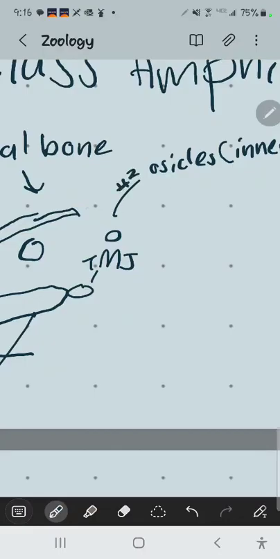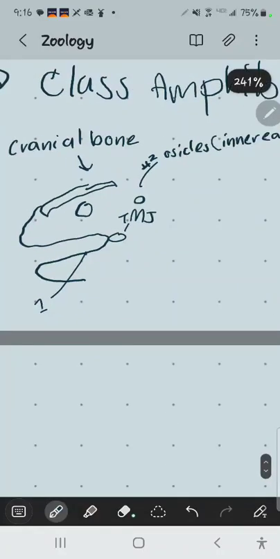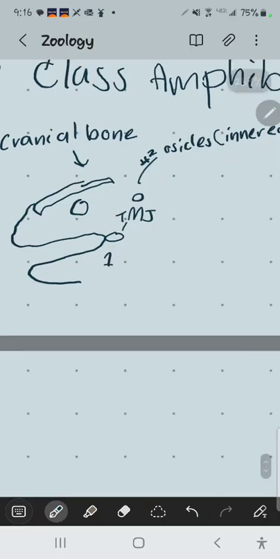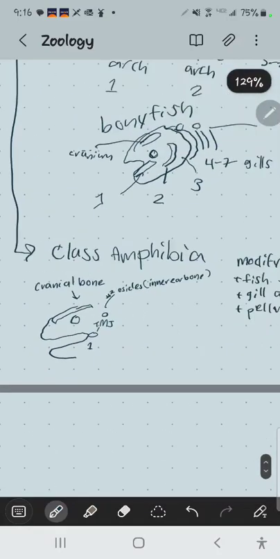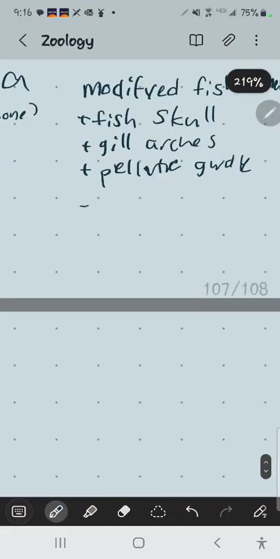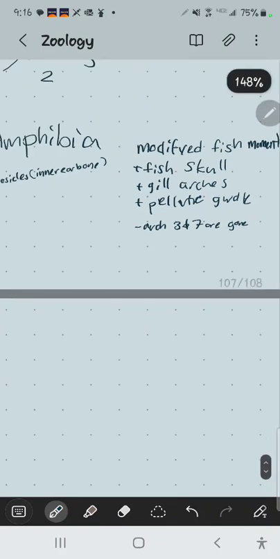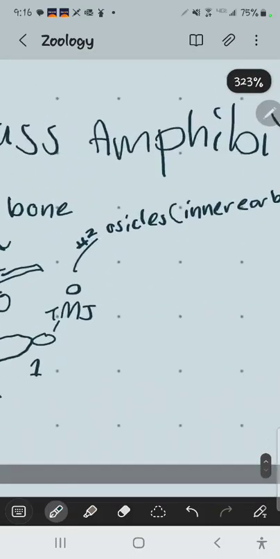Then the operculum goes away, so number 3 is gone, and number 7 is gone. And what we have in the frog here, the salamander here, and in a polliwog frog in this case, is number 4 through 6 as gills.